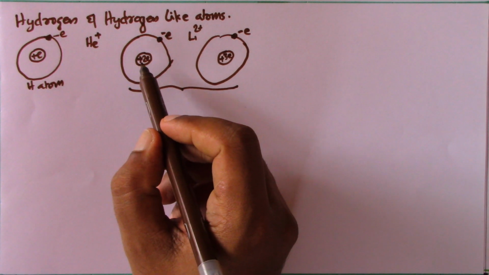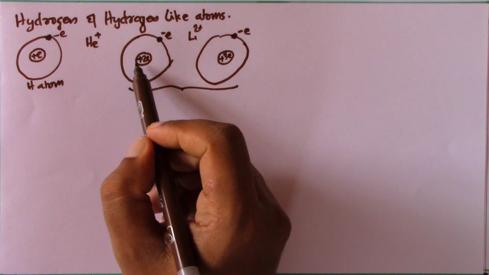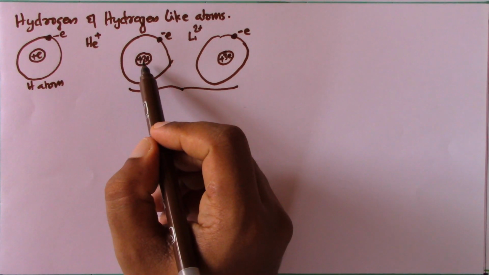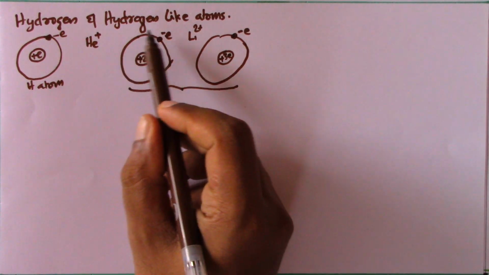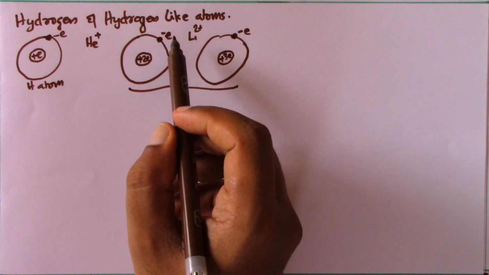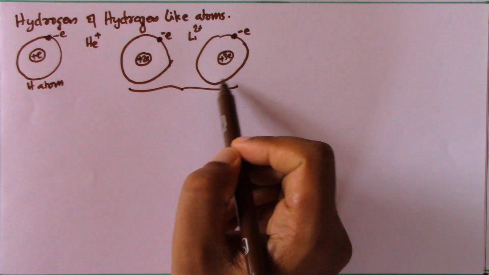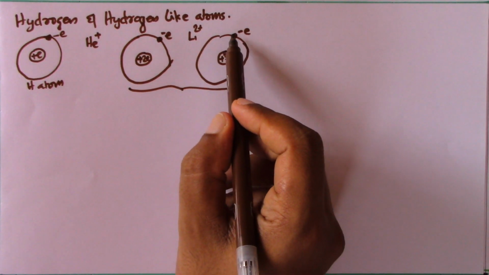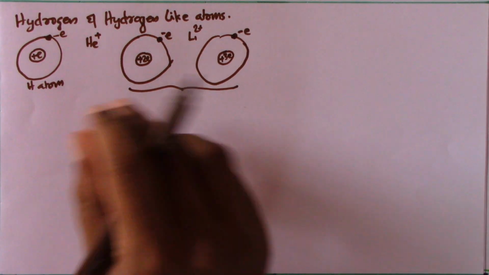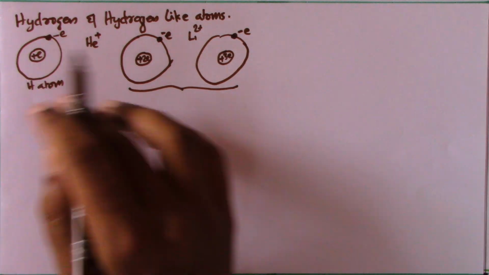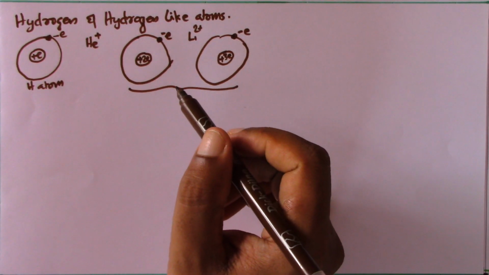And these systems are also two-particle systems, and the nucleus of this one has plus 2e charge, and around the nucleus there is another particle called electron, and this has 3 positive charges plus 3e, and around that particle there is an electron of charge minus e. So all these are two-particle systems, and these types of systems are called hydrogen-like atoms.